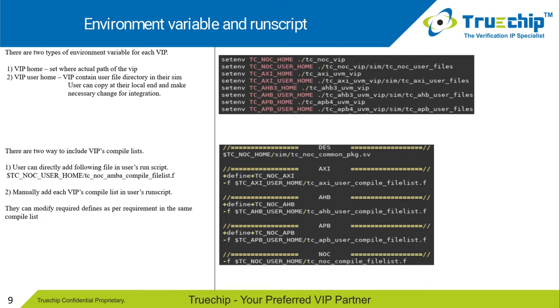For including in the user run script, user can directly add the tc NoC compile list.f, or they can manually add each VIP compile list as shown in this slide. They can modify these files as per requirement.